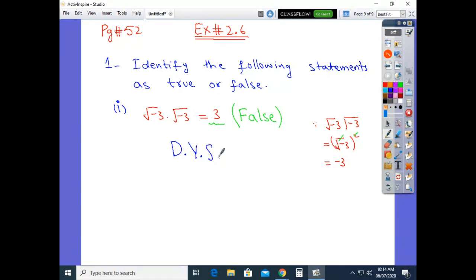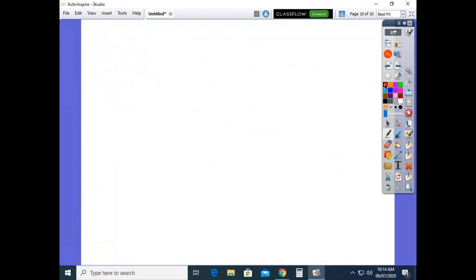Now we move on to question number 2. Question number 2 is: express each complex number and its conjugate in standard form.